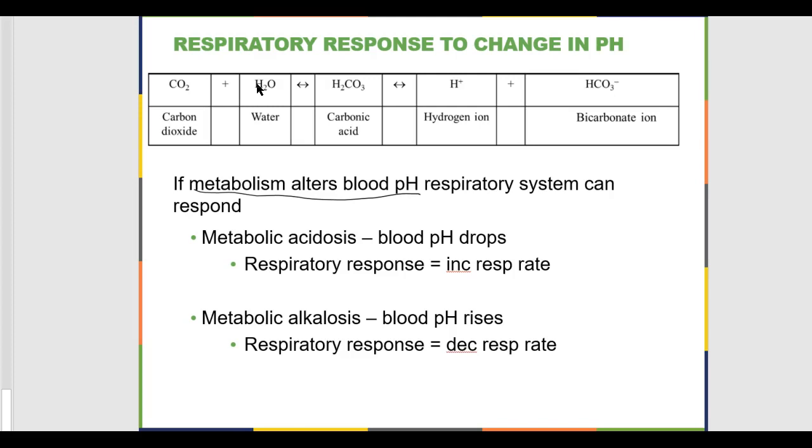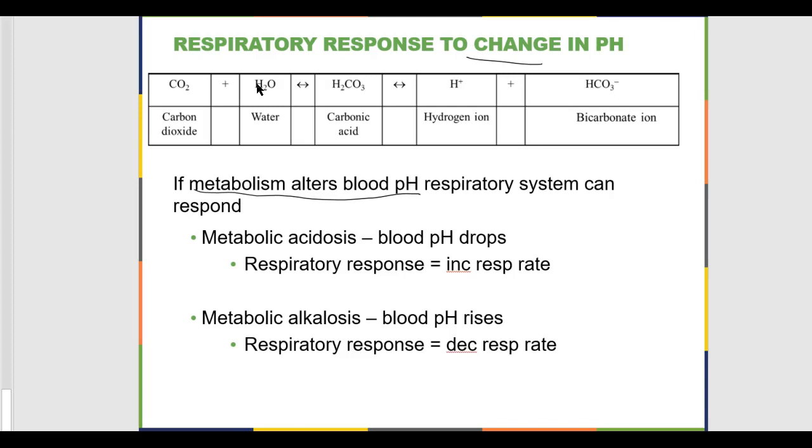Then your respiratory system can respond to this change in pH and return the pH to the normal homeostatic value. The relationship between respiratory rate and the direction of pH change stays the same. It is just now you're changing it back to normal instead of knocking it out of normal.